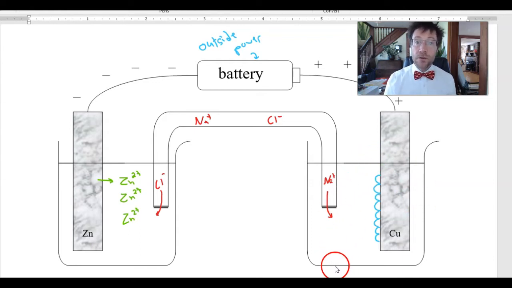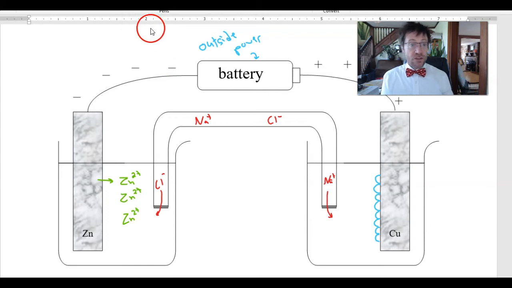So if you want to recharge it, what happens if you attach this thing to a battery? A battery is basically an electron pump. It literally forces electrons to go in a certain direction, and it's labeled. This is the negative side of the battery and this is the positive side, which means the electrons go shooting out the negative side.